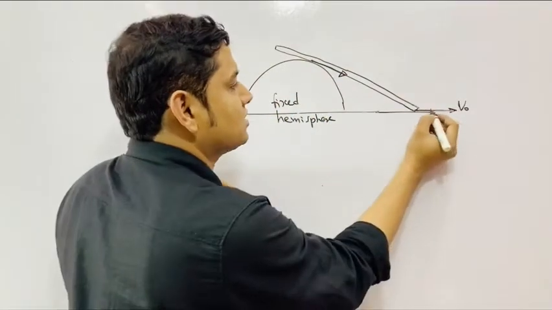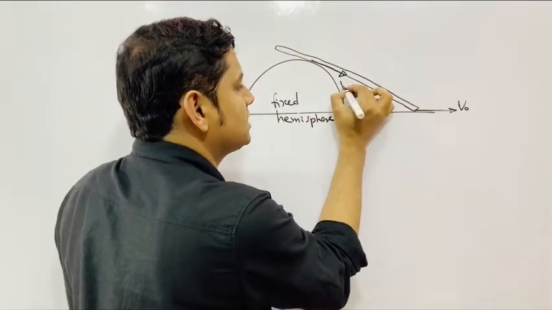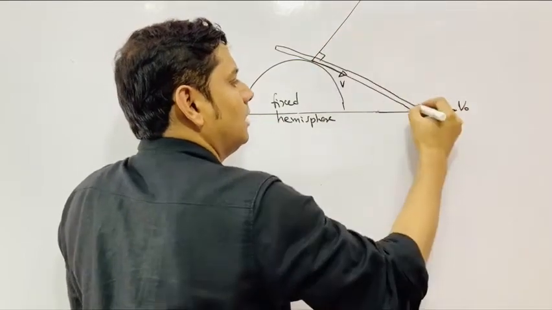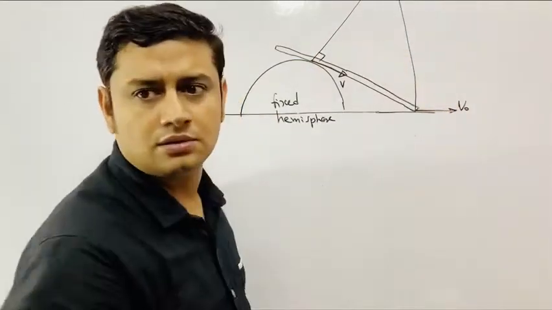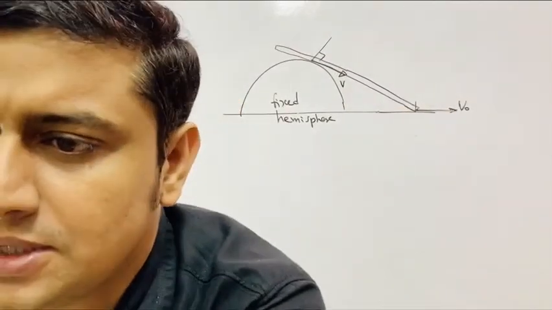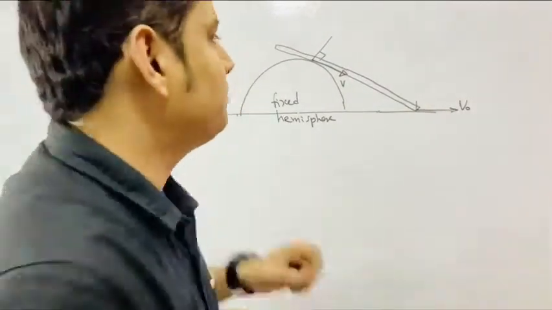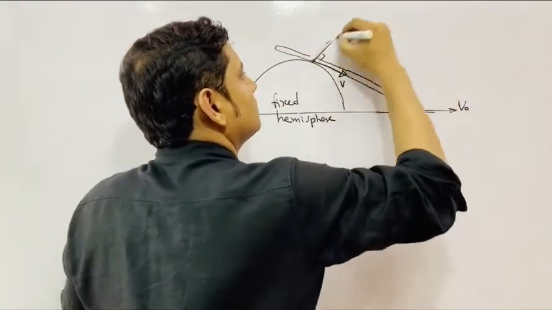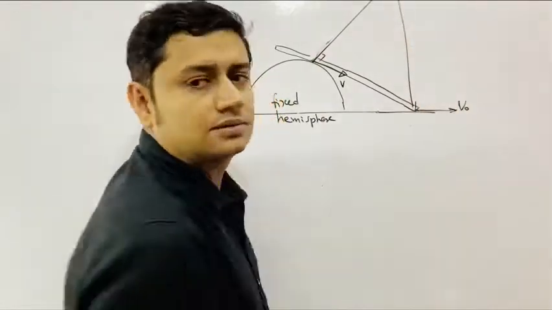So you know two velocities. This is V0, and this is say V. Drop a perpendicular here, and drop a perpendicular here, and let them meet here.